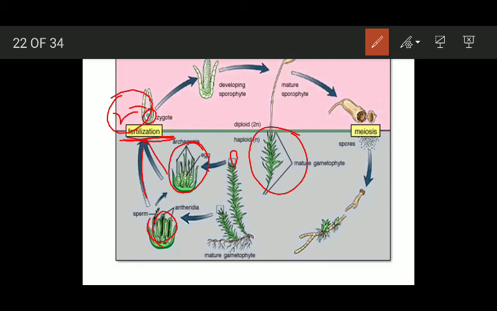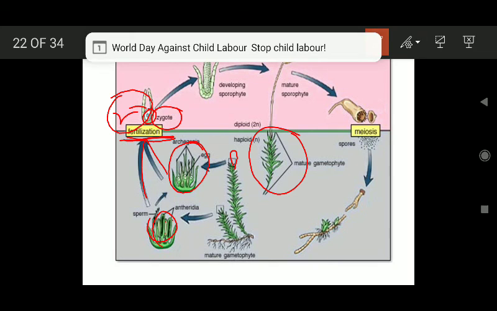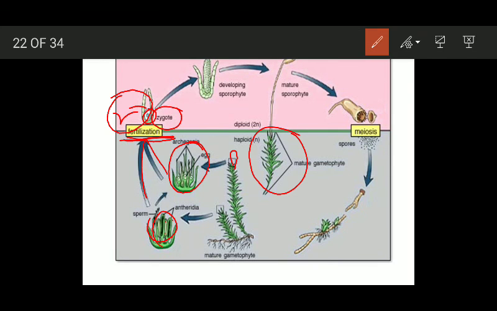When gametes fuse, fertilization happens, the zygote is formed, and the gametophytic phase ends. Now starts the sporophytic phase. The zygote divides and forms the embryo. Now the embryo gets converted into the sporophyte, and this is the mature sporophyte having foot, seta, and capsule.